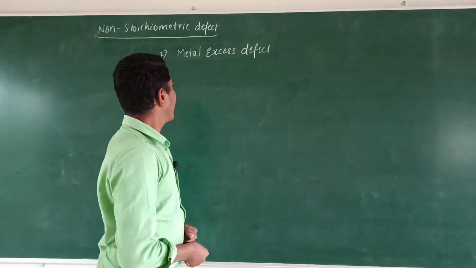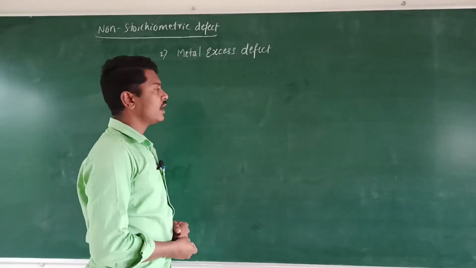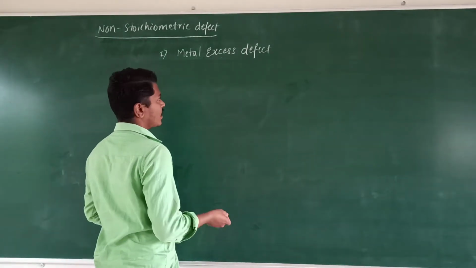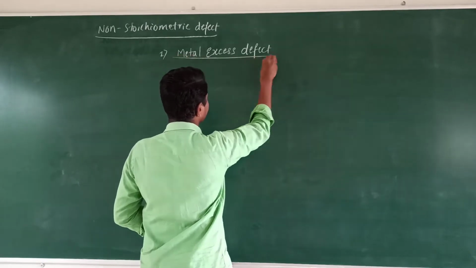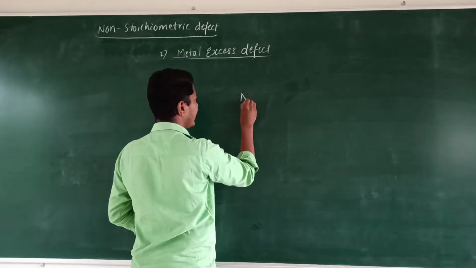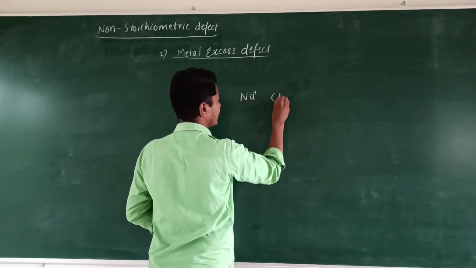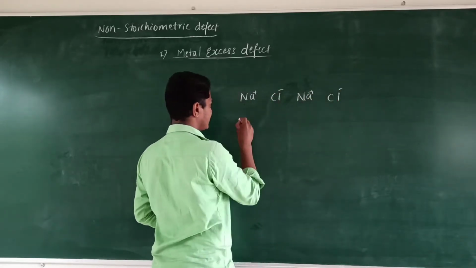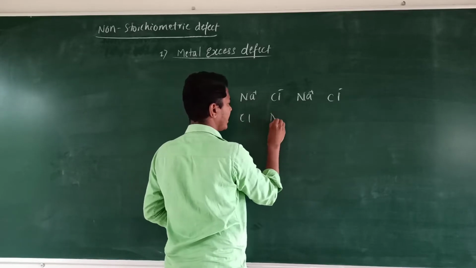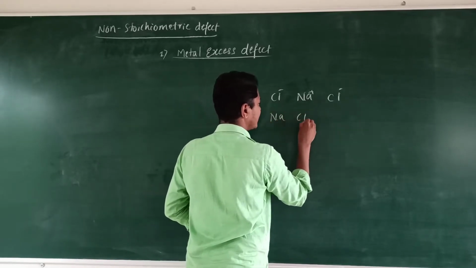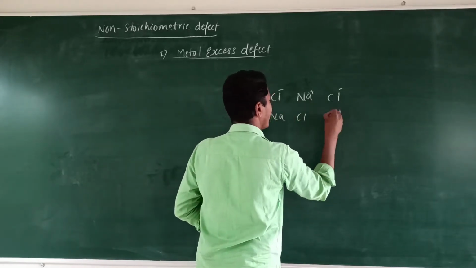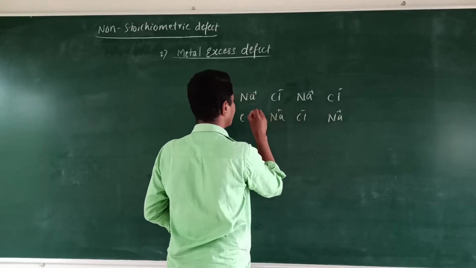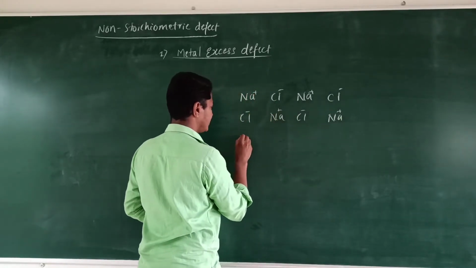In case of metal excess defect, what happens here? Take an example of NaCl. Na and Cl are arranged in a perfect manner.